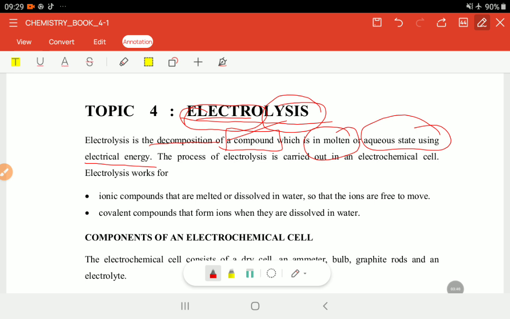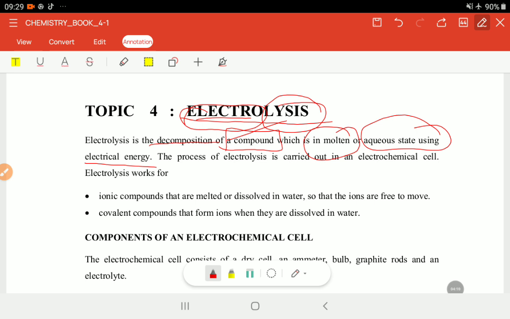When we studied redox reactions, oxidation reduction reactions, we came across the concept of electrochemical cells, like batteries.